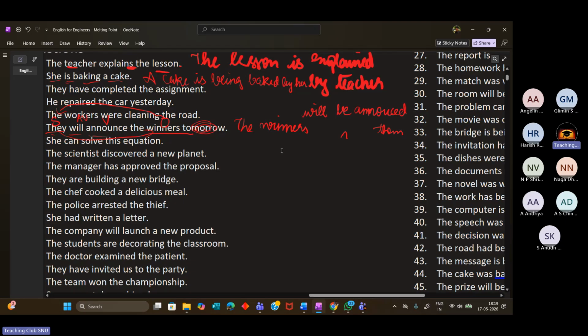Sorry, we also need to add the by as well because obviously it doesn't make sense otherwise, right? And tomorrow we just add somewhere at the end. So this is how we change active voice to passive voice.